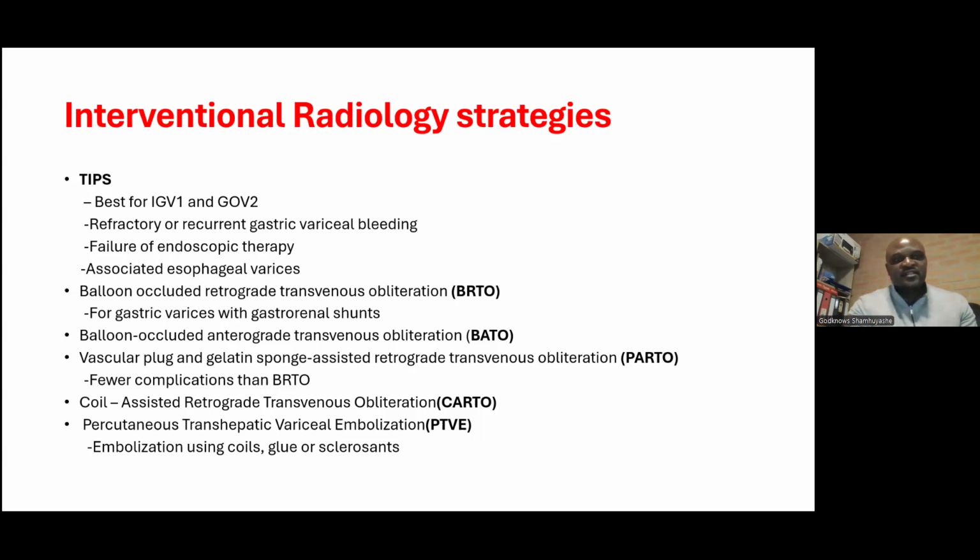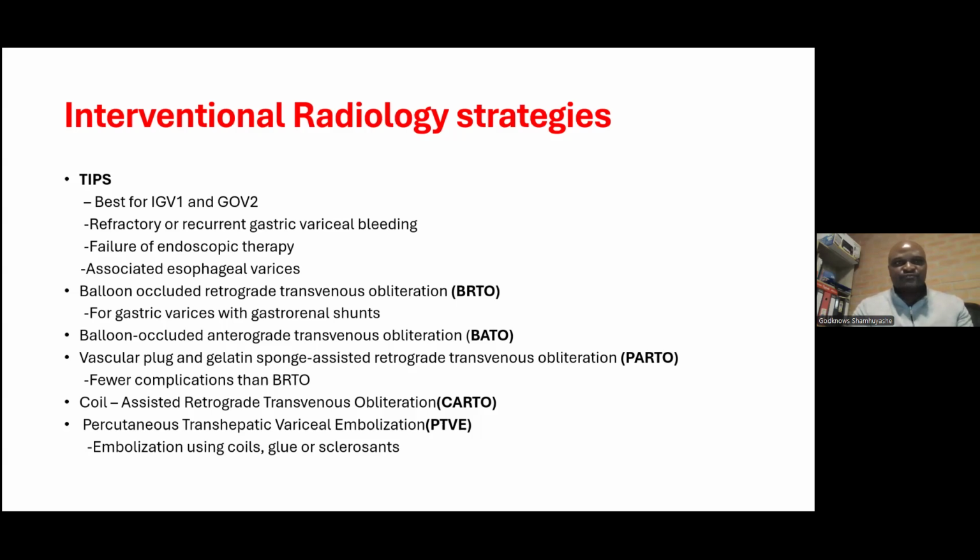You are just using the vascular plug instead of the balloon, and it has been shown to have fewer complications than BRTO. And also there is coil-assisted retrograde transvenous obliteration and percutaneous transhepatic variceal embolization, where you use embolization with coils, glue, and sclerosants, but it's less common.